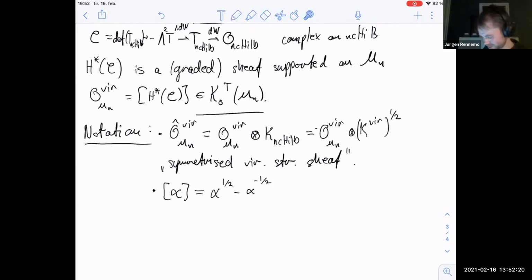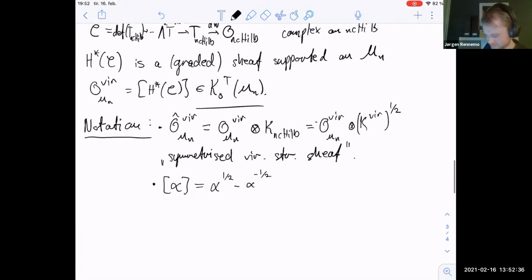Anyway, during this discussion I've introduced more notation, which is very simple. If I write something and take square brackets around it, I mean alpha, the sum of the square root of it minus the sum of the inverse square root of it. That's just to save some electronic ink. And the final thing is the following definition.